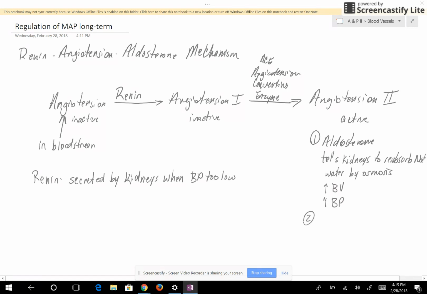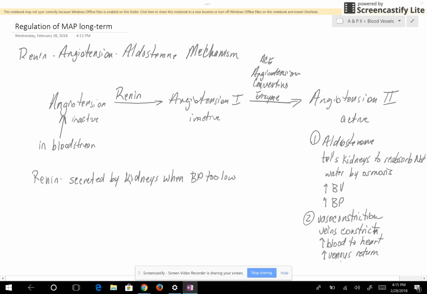A second thing that angiotensin is going to do, it causes vasoconstriction. Vasoconstriction is talking about the blood vessels are going to constrict, so the veins constrict. Where does the blood go if the veins constrict? Then it's going to increase the blood to the heart. When blood is increased to the heart, that increases venous return.